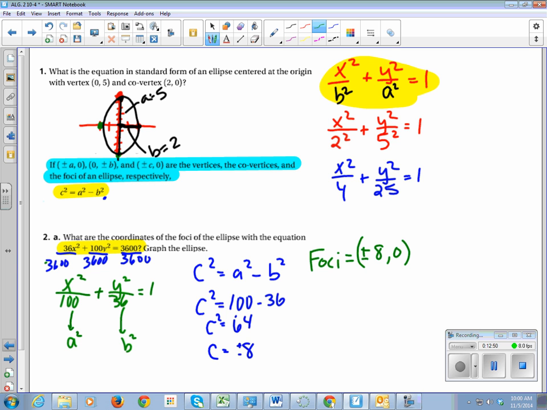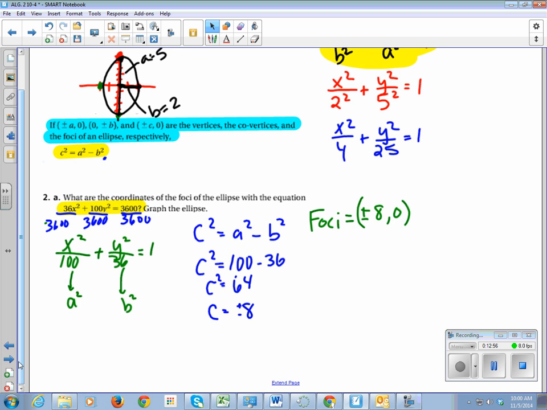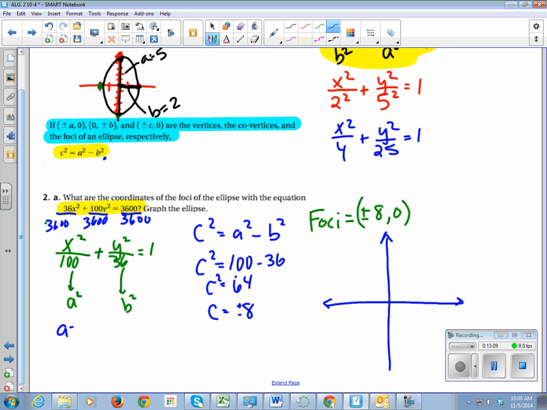Now we get to graph it, yay! So let's do a little, as lovely a graph as we can make it. So I'm going to need, if a squared is 100, what is a? 10.